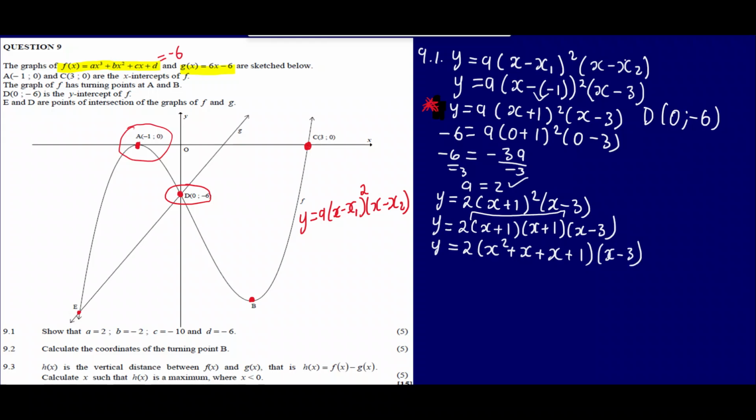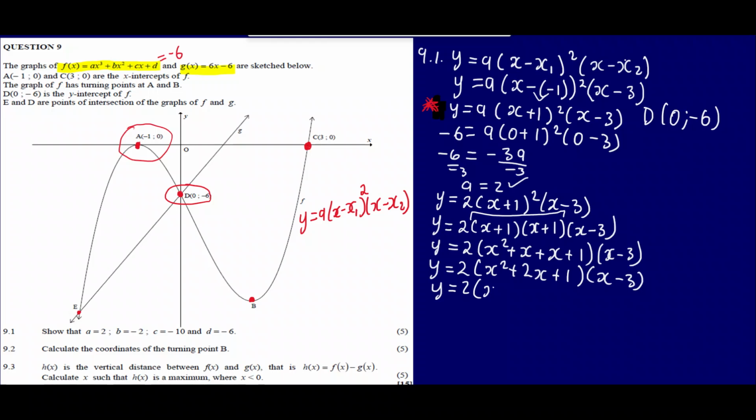So x plus 1, and then x minus 2, x minus 3. So after the x minus 3 here, we can simplify this: 2x squared plus 2x plus 1 with the x minus 3.